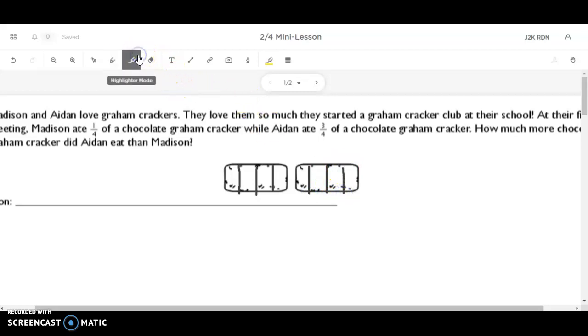Let me use a highlighter to model how much they ate. Madison ate how many? She ate 1/4, which means how many pieces do I need to color in here? 1. So you are doing this with me. Make sure that you're following along and drawing this in. I'm going to be double checking that you are working in this document with me.